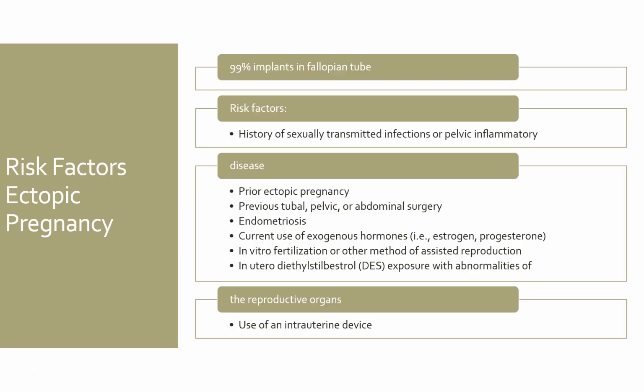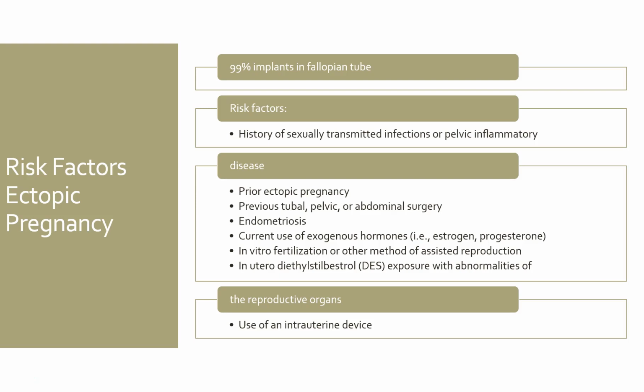Some risk factors to be aware of for ectopic pregnancy. As I said, 99% of those implant in the fallopian tube. History of STIs or pelvic inflammatory disease. Prior history of ectopic pregnancy.